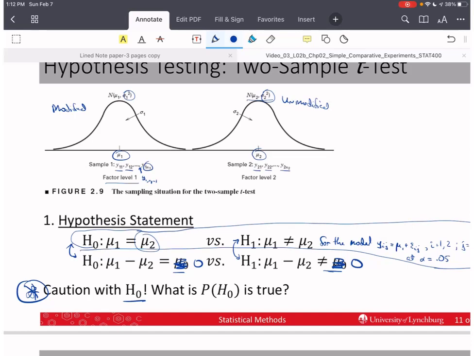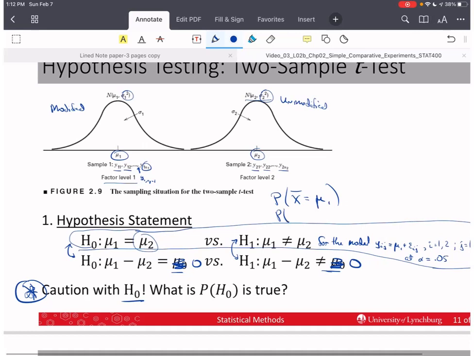What we're saying is that mu1 is the mean of treatment level 1. So the probability that X bar 1 is equal to mu1 is a similar statement to this. And then the probability that X bar 2 is equal to mu2.